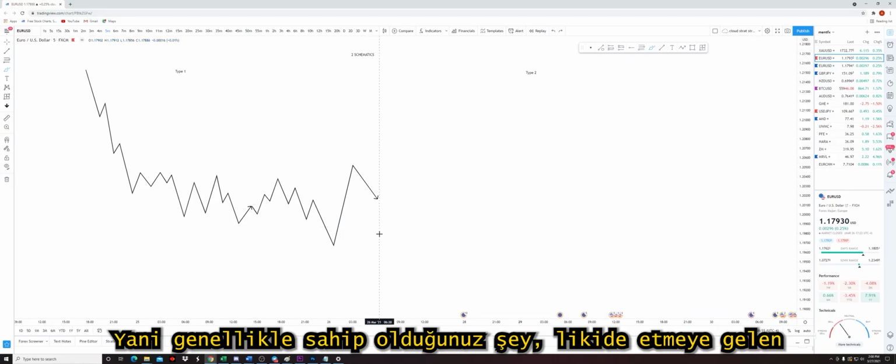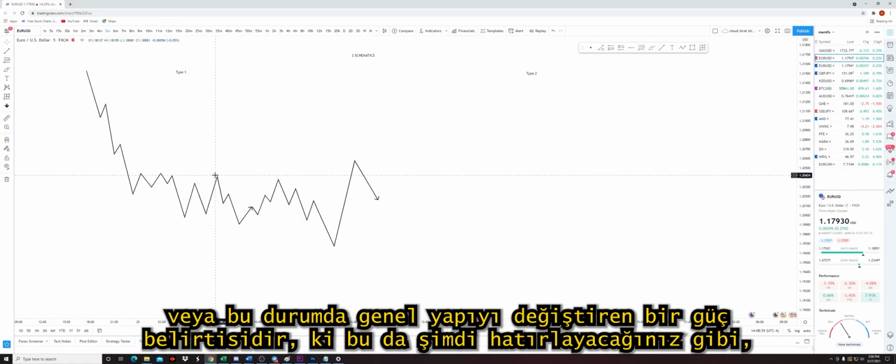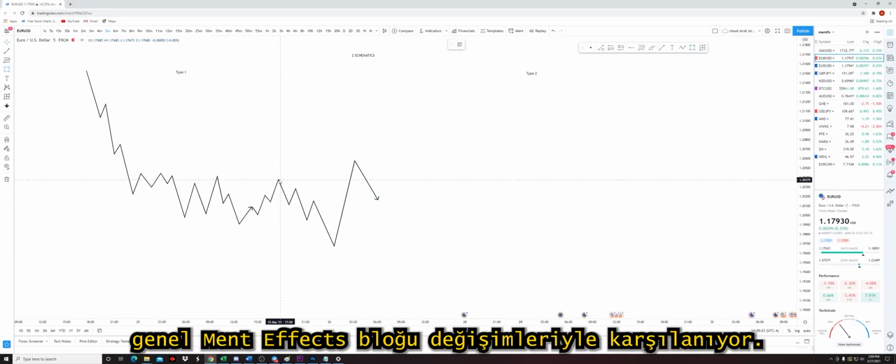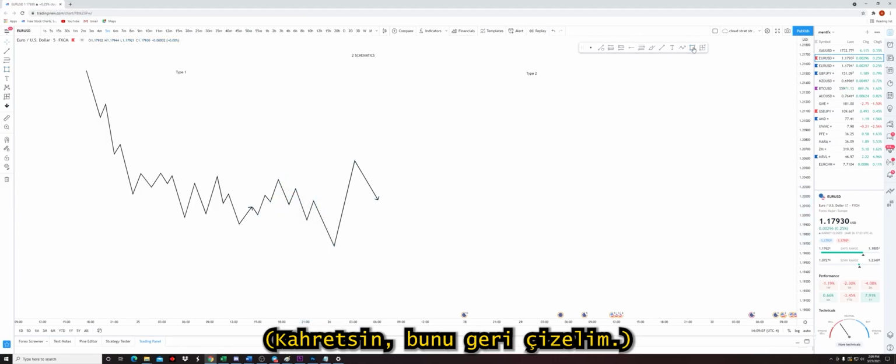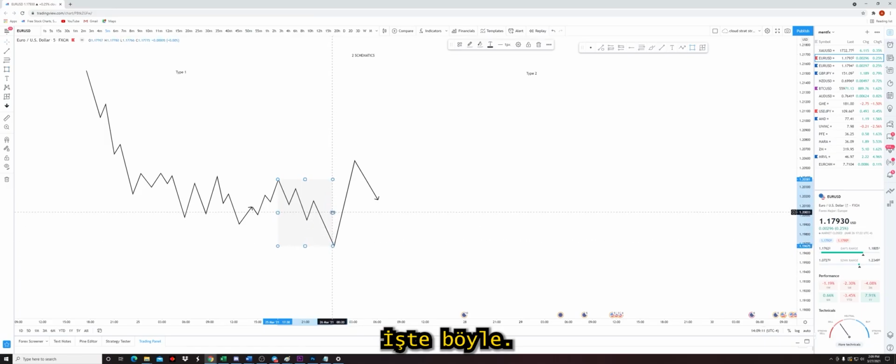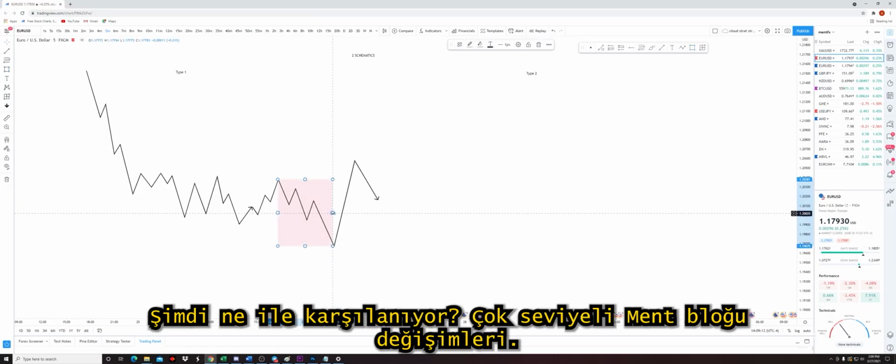So what you'll usually have is the sign of strength that comes to liquidate, or in this case, shift overall structure, which is now also, as you recall, being met with overall what? Let's draw this back in. There we go. Which is now being met with what? Multi-level Ment FX block shifts.